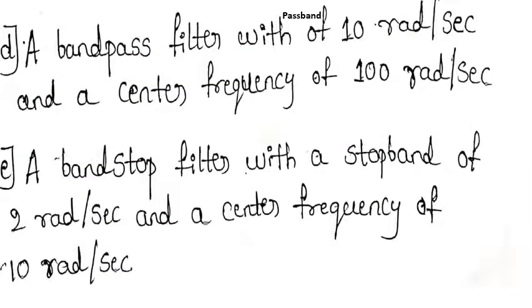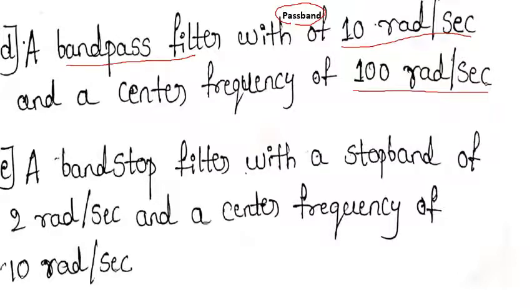Next, we have to find the transfer function for a band pass filter with passband of 10 radian per second and a center frequency of 100 radian per second.